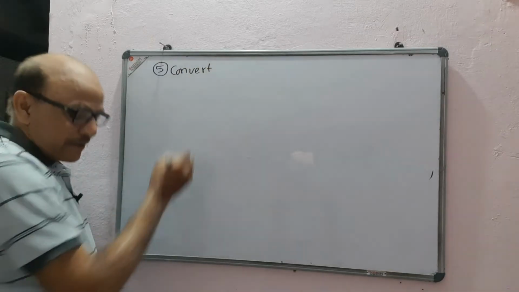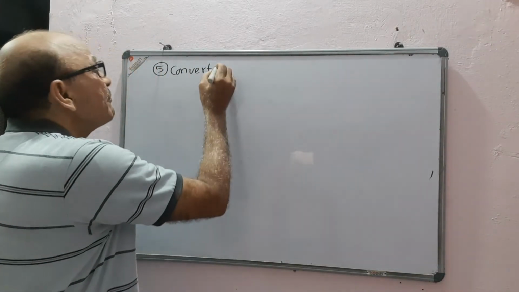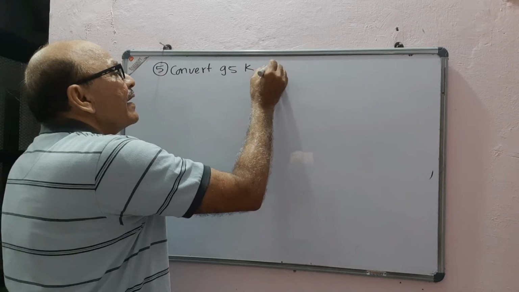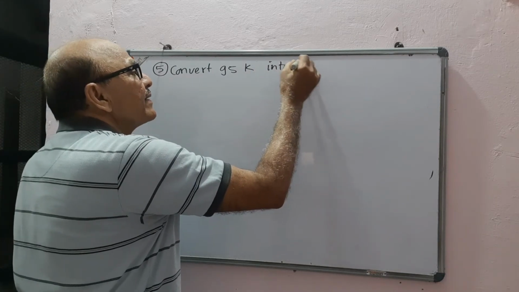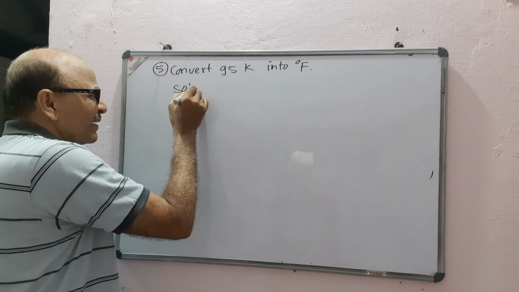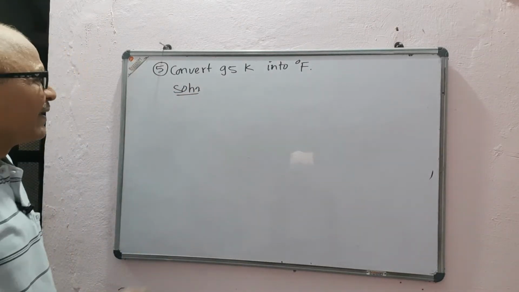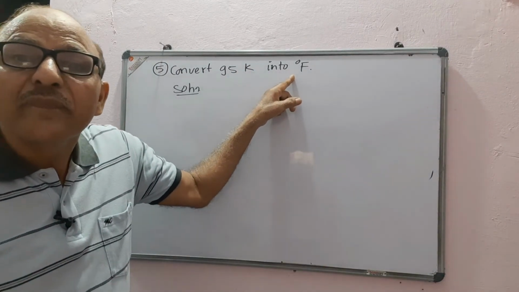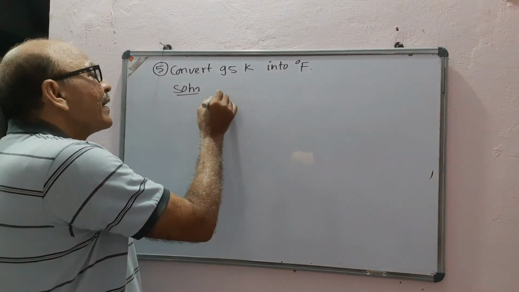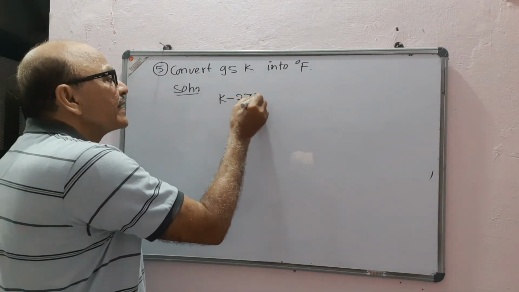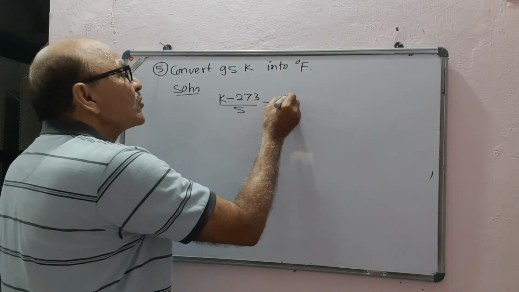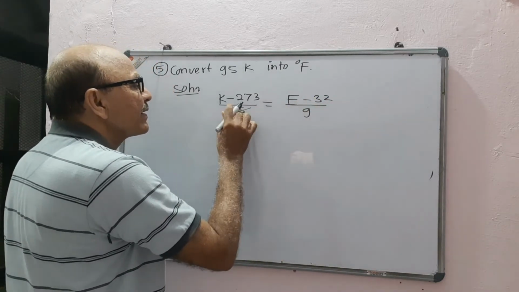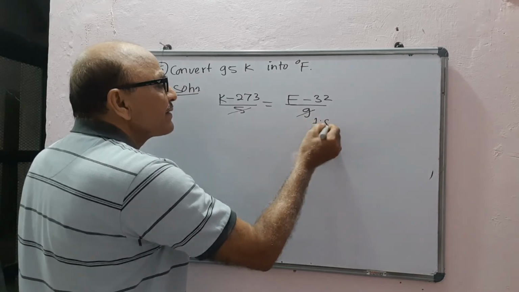Convert 95 Kelvin into Fahrenheit. Now you have to use the formula between Fahrenheit and Kelvin. So K minus 273 upon 5 will be equal to F minus 32 upon 9. Again you can use 1.8.